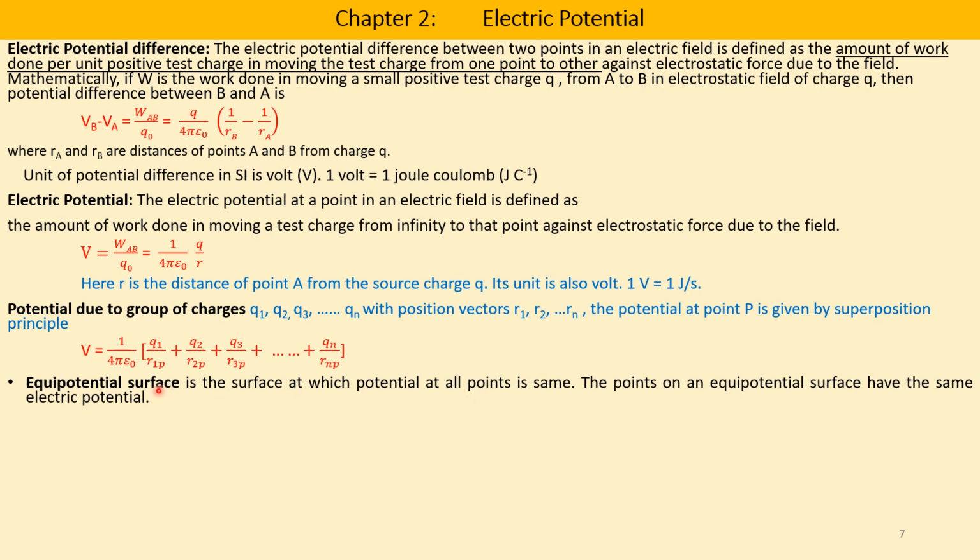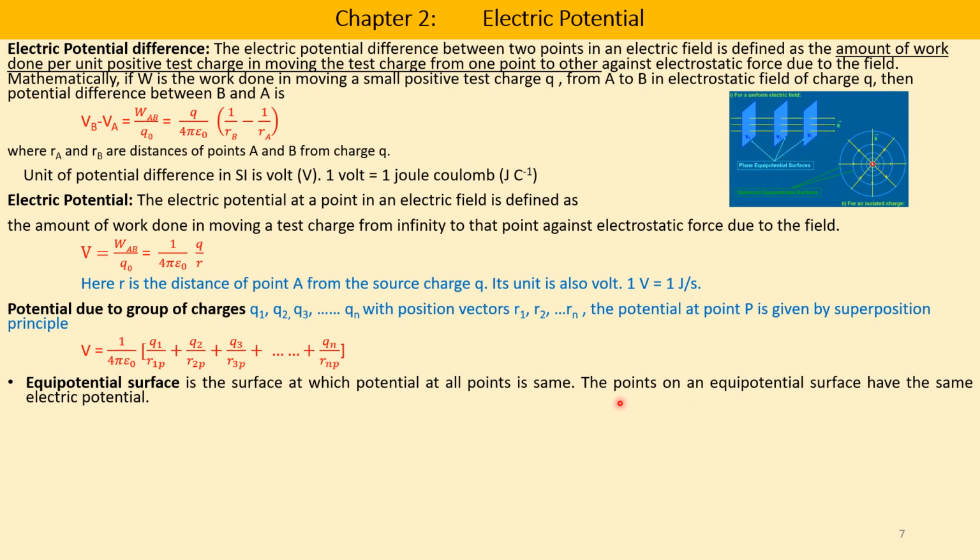Now we will define equipotential surface. Equipotential surface is the surface at which the potential is the same at all points. The points on an equipotential surface have the same electric potential. Please see the figure here. Case A on the upper side is a uniform field.